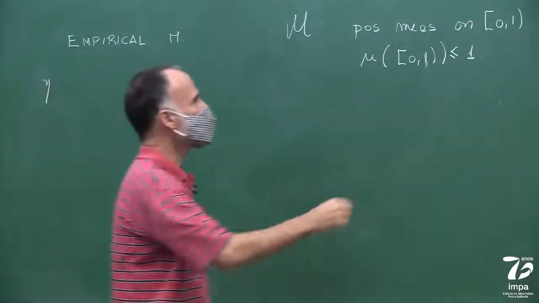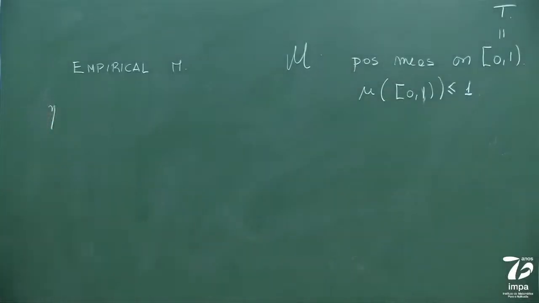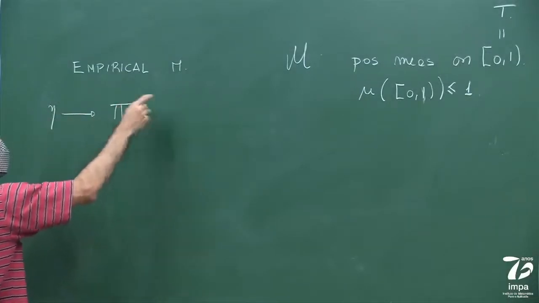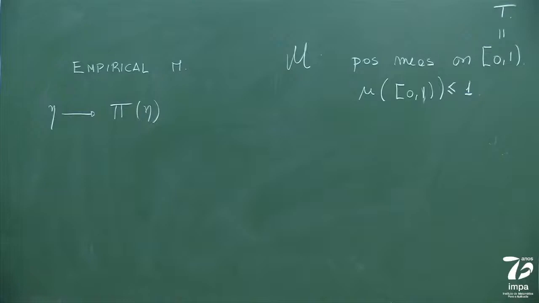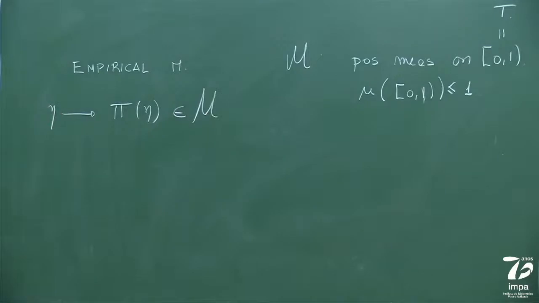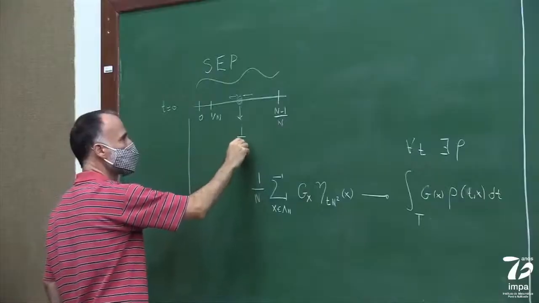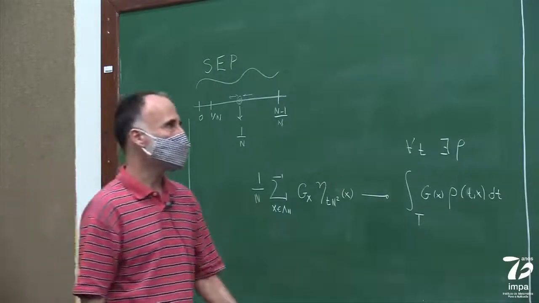So instead of writing this interval, let me write it as the one-dimensional torus T. So the total mass is bounded by 1. And to eta, I want to associate an element of this space, so a measure, which I will represent by pi of eta. And how do I construct this measure? Well, to each particle, I consider that the particle has a mass which is equal to 1 over n. So if you give me a configuration, I will think that at each site which is occupied by a particle, I put a mass of weight 1 over n.